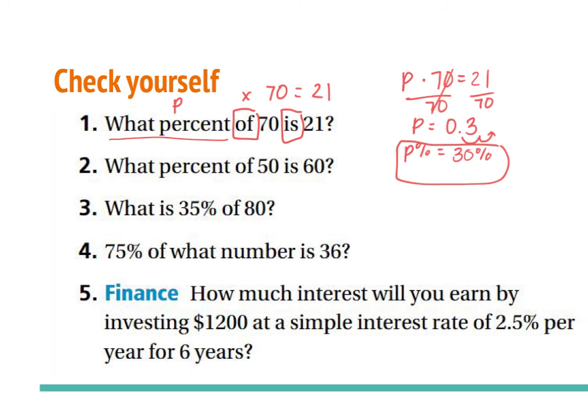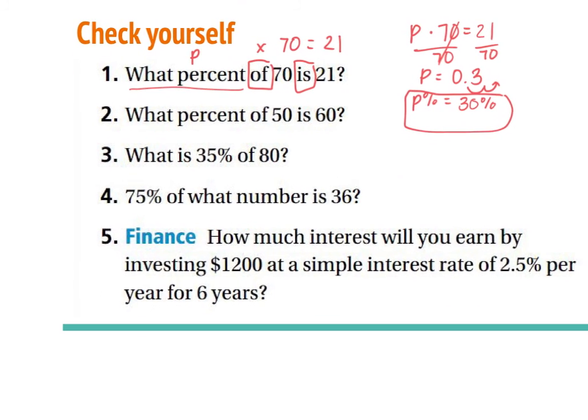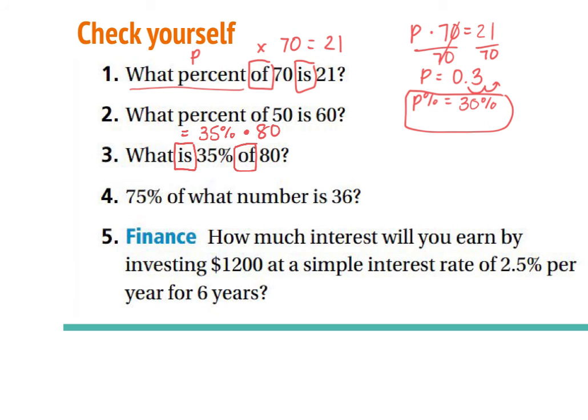All right, let's try it again. You guys can try number 2 on your own. Let's do number 3. So what is going to be equals 35% of, which is going to be multiplication, 80. And then what can be anything, so let's put A here. So A equals 35% of 80, which is 35% times 80.